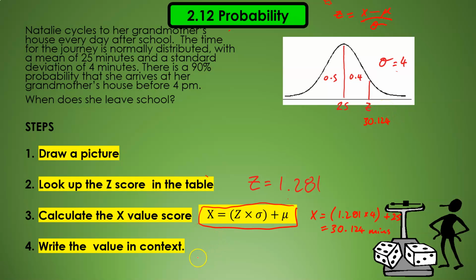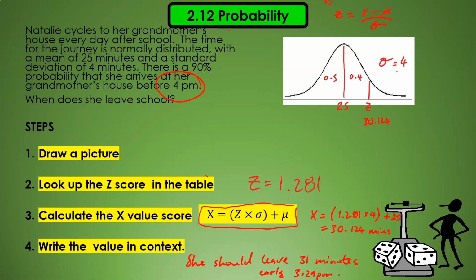So I would say for her to be on time, she should leave 31 minutes early. And because she wants to get there at 4 p.m., that means that it is 3:29 p.m.